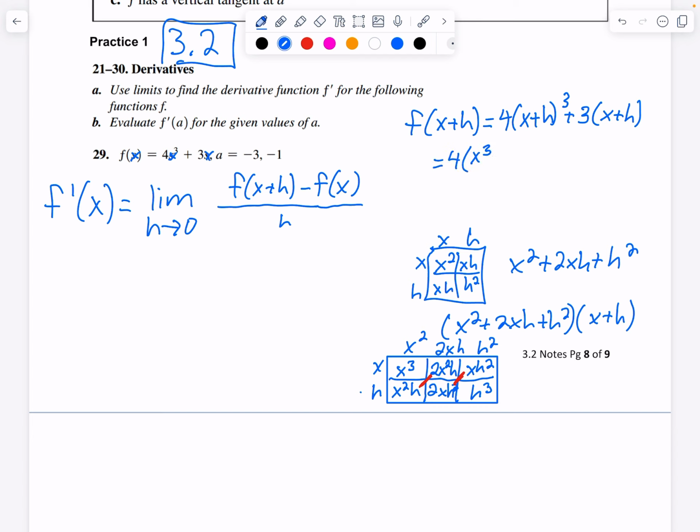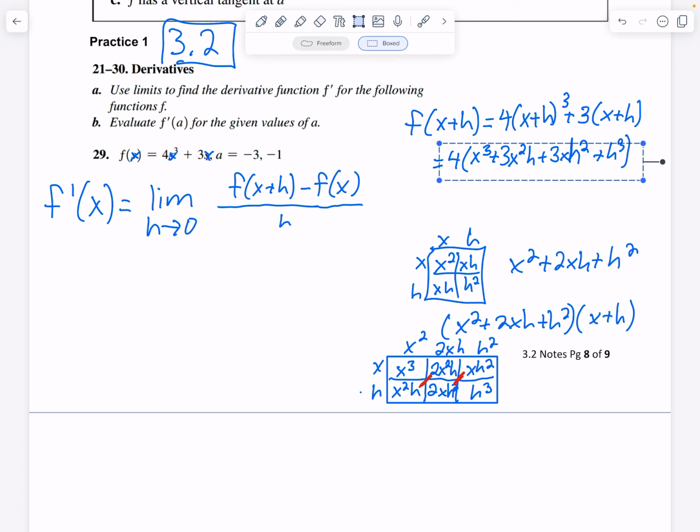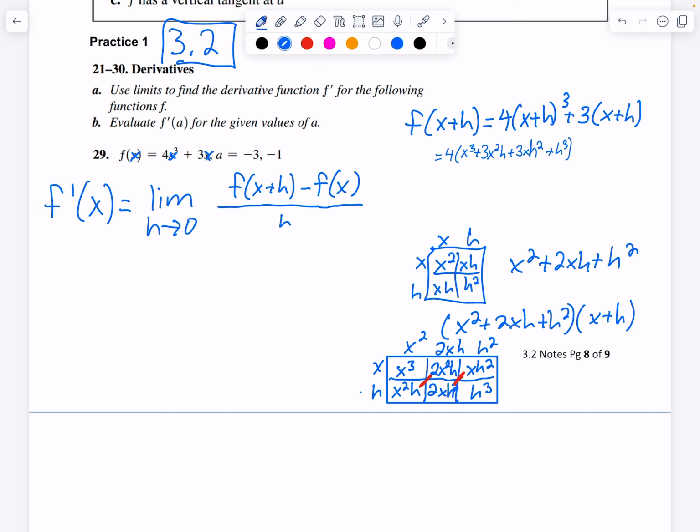So my answer, taking the stuff out of the box and times 4, I get x cubed plus 3x squared h plus 3x h squared plus h cubed, and then plus 3x plus 3h.